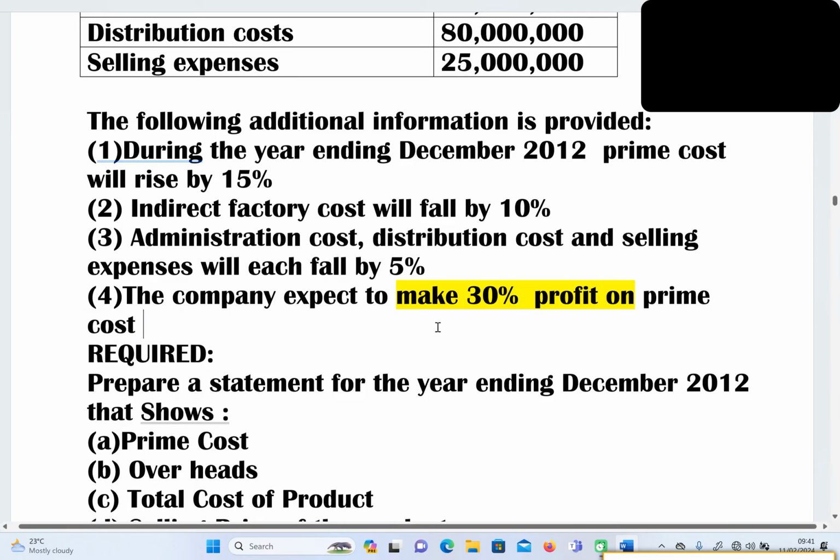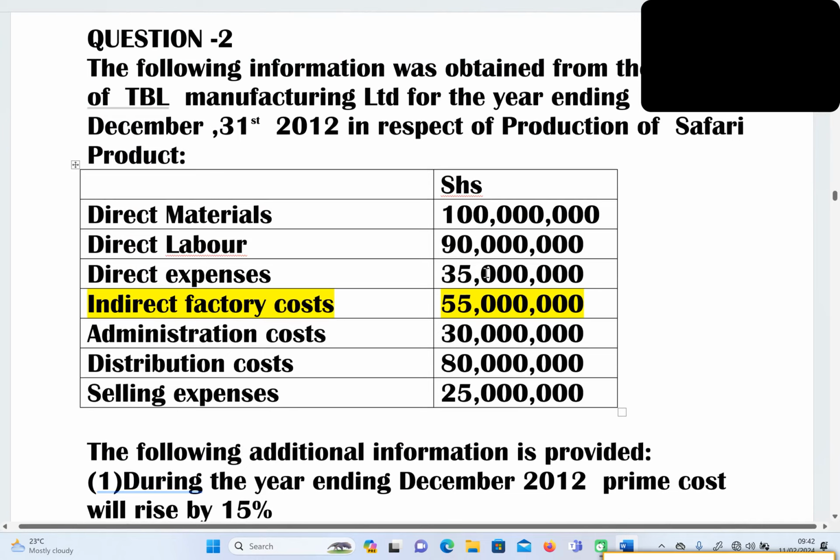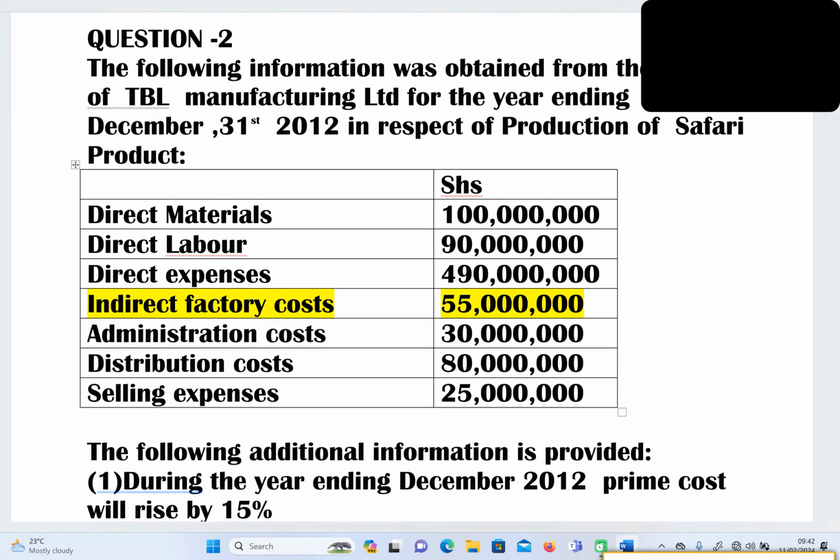Manake unachukua faida ni 30% ya nini? Ya prime cost. Umekaa sawa? Umekaa vizuri? Then this problem is also different from others. So nataka ukafanyie hii hapa. This is 40.